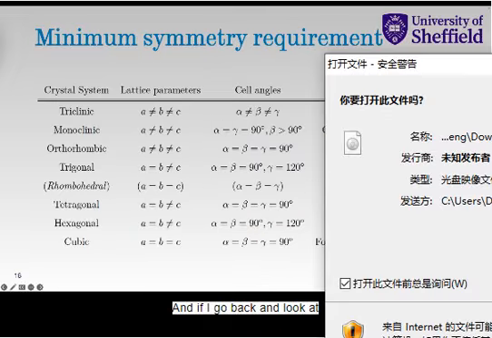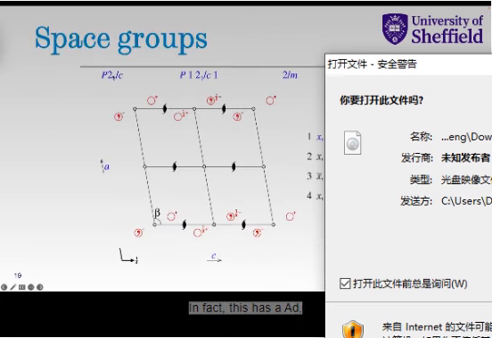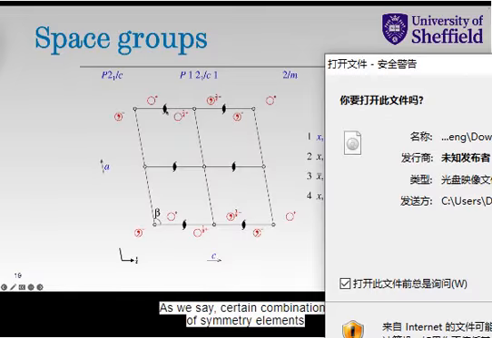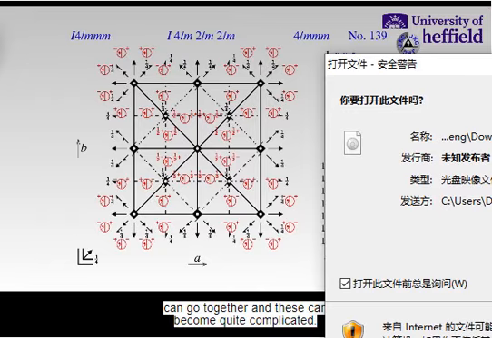And if I go back and look at my minimum symmetry requirement for monoclinic, it is 1 dyad or mirror plane. And in fact, this has a dyad. In fact, it's a screw axis, but that is going to be my minimum symmetry requirement here. And as we say, certain combinations of symmetry elements can go together, and these can become quite complicated. And so these are my space groups that I'm seeing here.